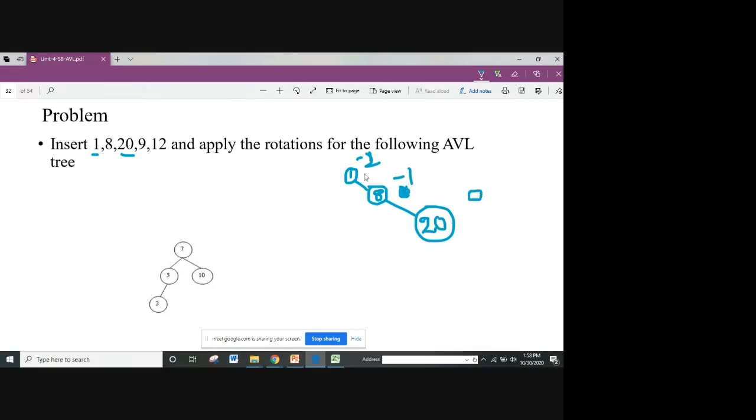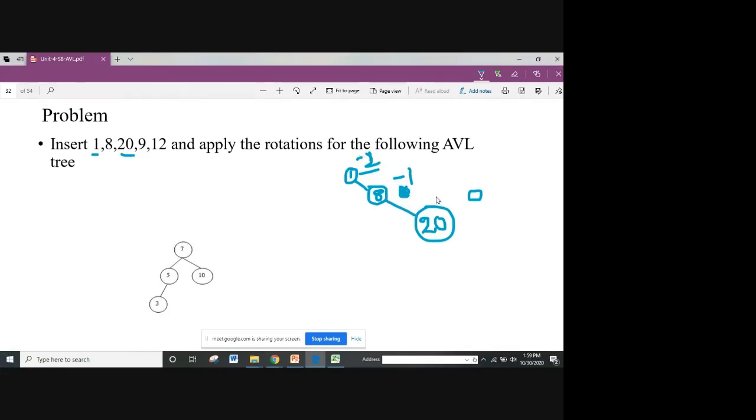So now I could find that this is unbalanced. Directly you should not go and insert 9 now. If I insert one number, I will immediately find out whether the tree is balanced or not. Once I find the tree is balanced, I can move to the next insertion. So now it is -2, -1. So now this is unbalanced.